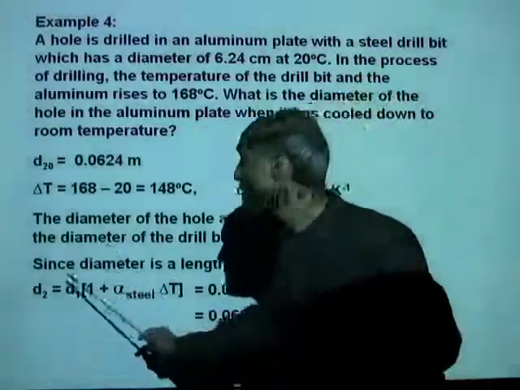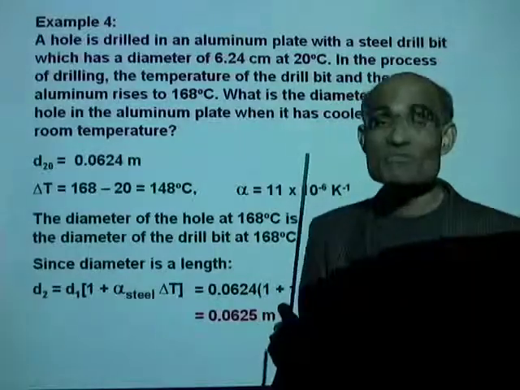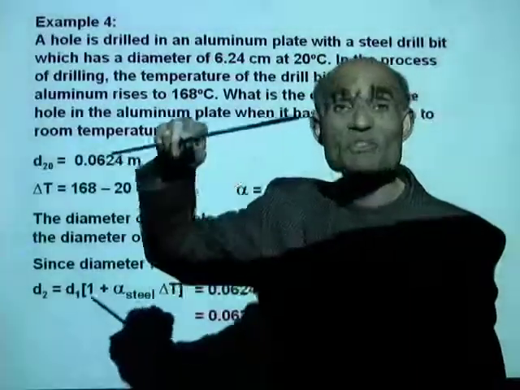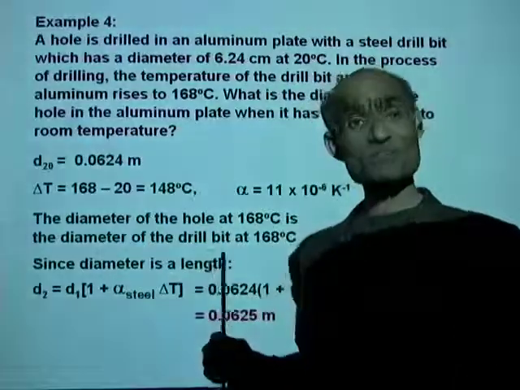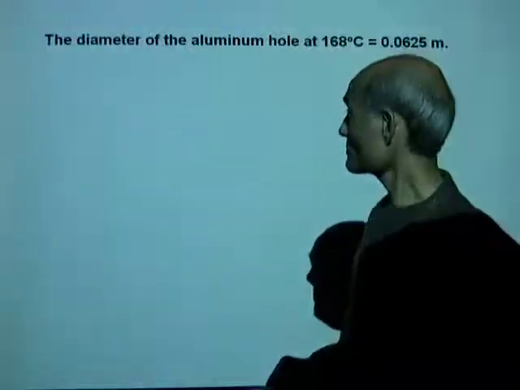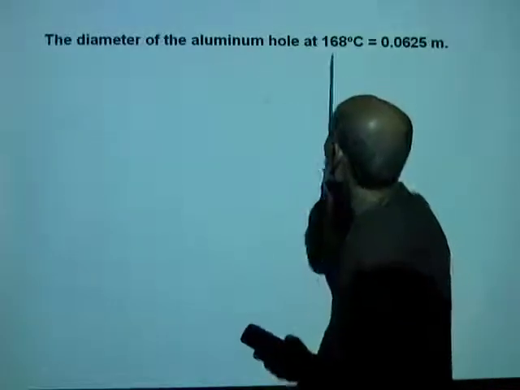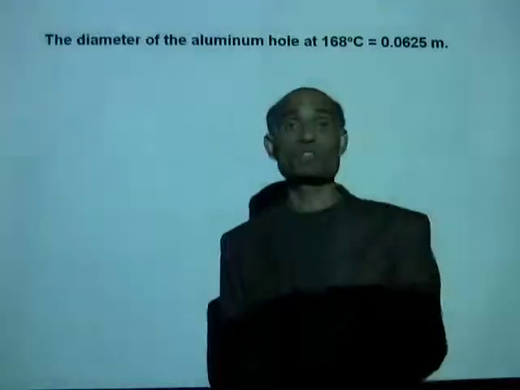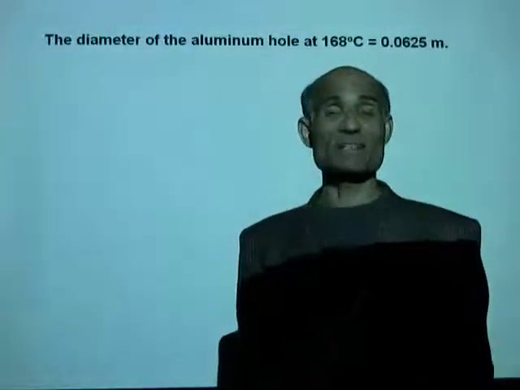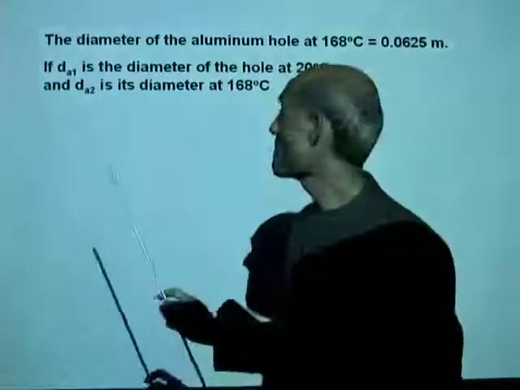That is the diameter of the drill bit at the high temperature, which is the same as the diameter of the hole in the aluminum at that temperature. Alright, so diameter of the aluminum hole at 168 degrees is 0.0625 meter. Now it's going to cool down to room temperature.